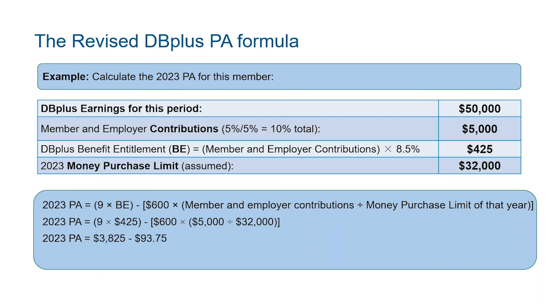Once you do the math, that is $3,825 minus $93.75. And since you have to report the PA rounded to the nearest dollar, this ends up being $3,731 as the 2023 PA for this member.